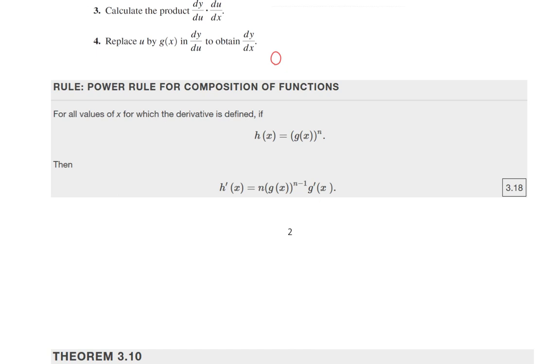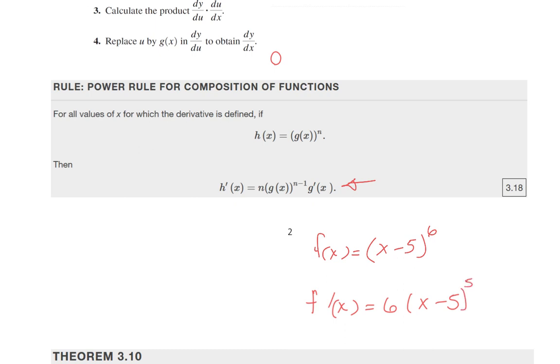If you remember, we had f of x is equal to x minus 5 raised to the 6th power. Following this rule, f prime of x would be, the 6 is going to come down out front as a multiplier, times x minus 5 raised to the 5th power.